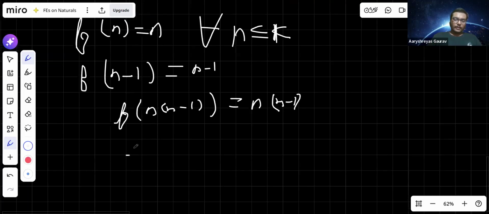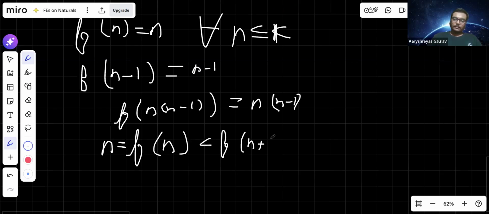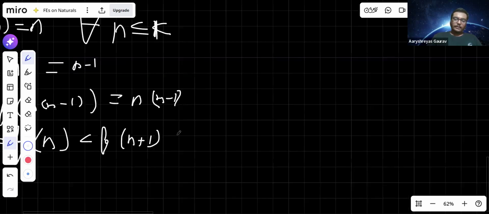We know from the third condition that f of n is n, and f of n is less than f of n plus 1. And this happens for f of n plus 2, which is also greater than f of n plus 1.